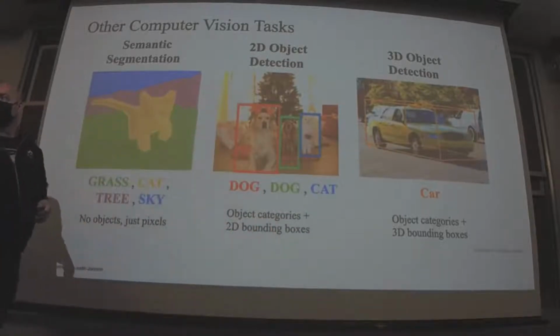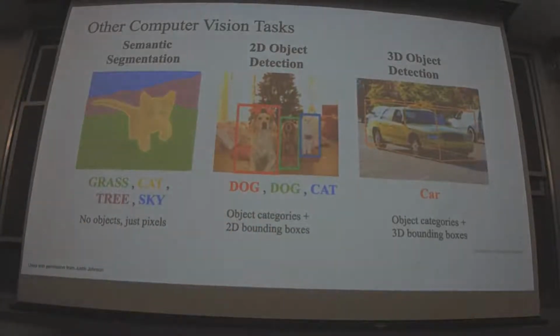So the tasks are very similar to each other. Again, this depends on the kind of training data you have. If you want to learn to do 3D object detection, you're going to have these 3D boxes, prisms drawn around your objects. But the approaches will be basically the same. So let's get started and start thinking about how one goes about semantic segmentation.